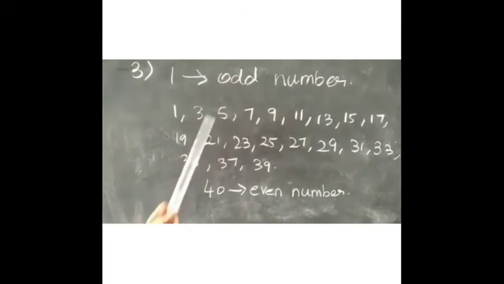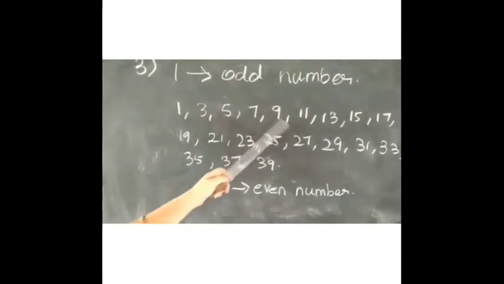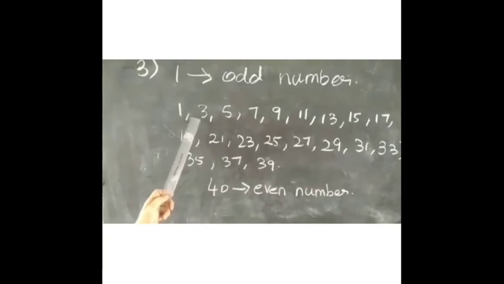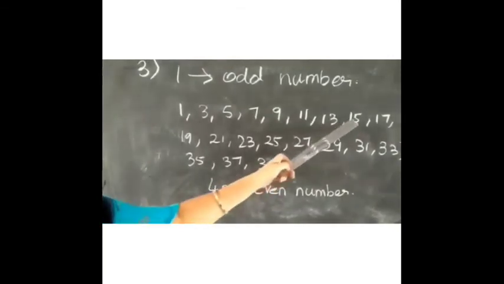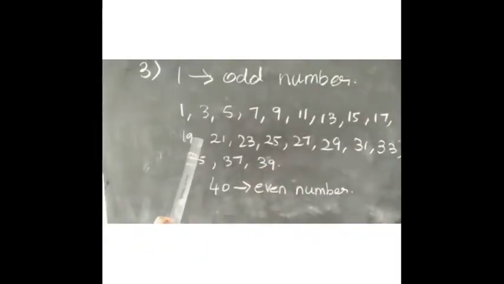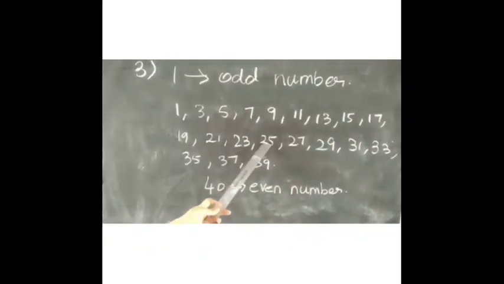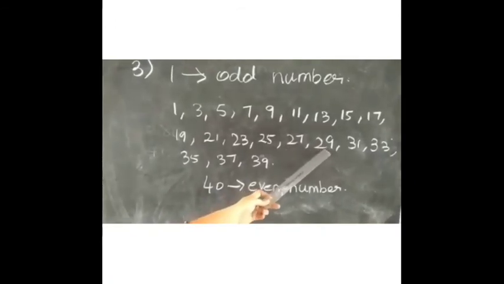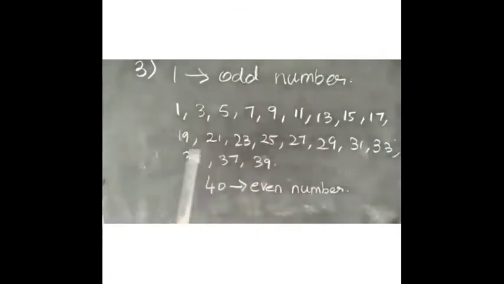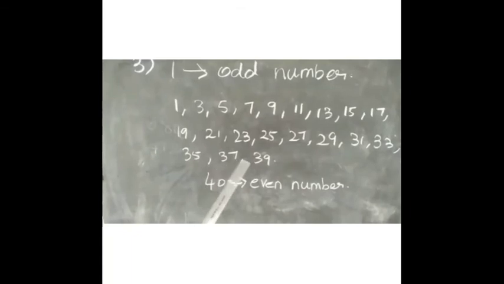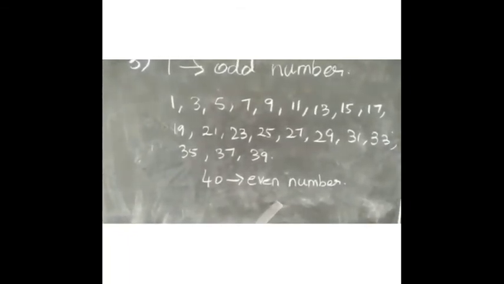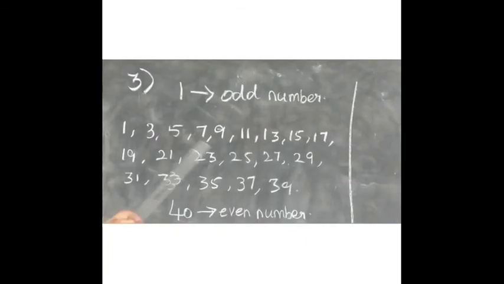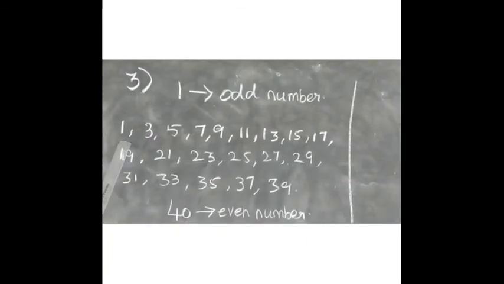So we can start from 1 and write the numbers alternatively. 1, 3, 5, 7, 9, 11, 13, 15, 17, 19, 21, 23, 25, 27, 29, 31, 33, 35, 37, 39. 40 is an even number. There are 20 odd numbers between 1 to 40.